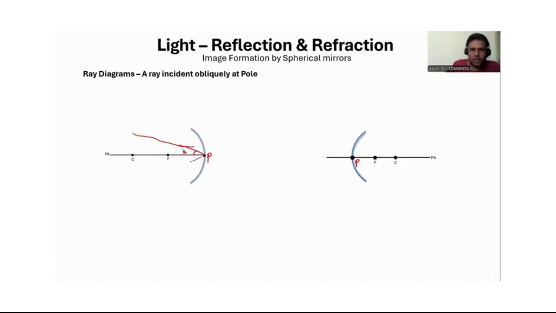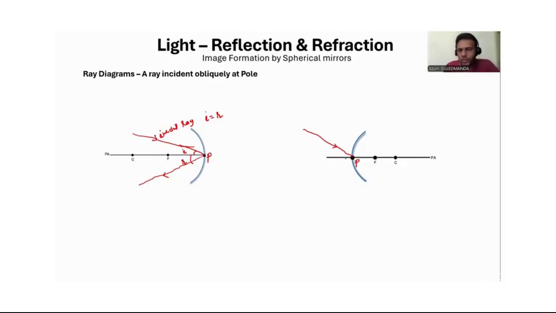So with the same angle, it reflects back into the same medium. So this is I, and this is the incident ray, right? And this is the reflected ray, that is R. So in this case also, I equal to R. So what will happen here if a ray is incident on the convex mirror, right?